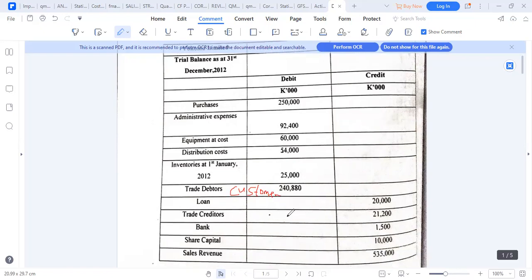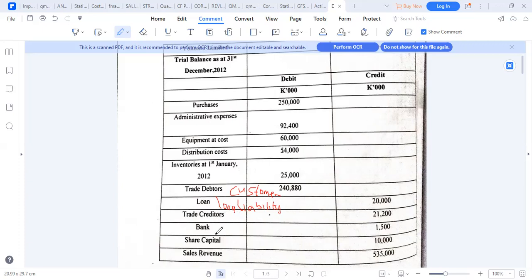A loan is a long-term liability, because we repay a loan over the longest possible time. Then we get to trade creditors, which are current liabilities, short-term liabilities that fall within a year.